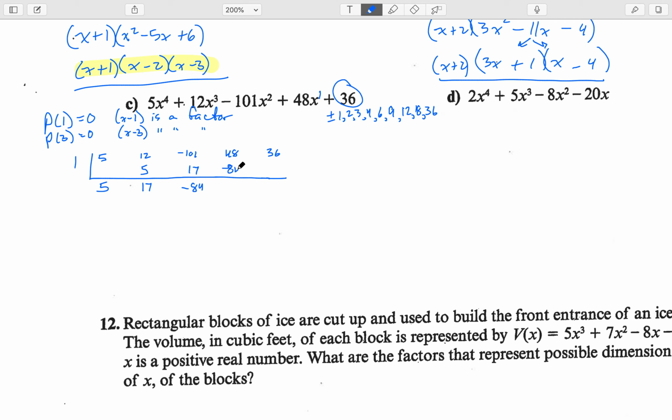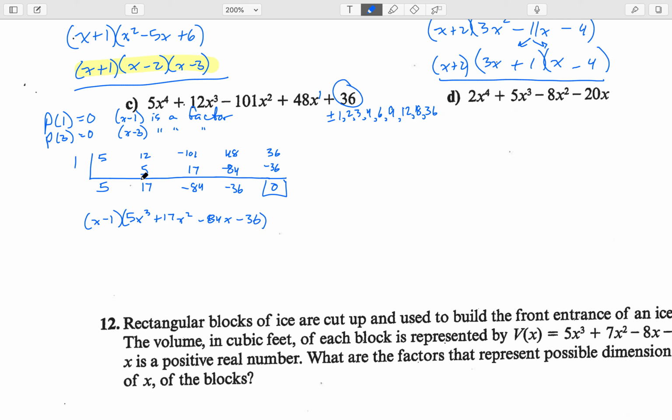Negative 84. This is going to give me negative 36. Hey, nice. Negative 36, 0. There's my remainder. Okay, so I know that the polynomial is x minus 1 times 5x cubed, 17x squared, minus 84x, minus 36.